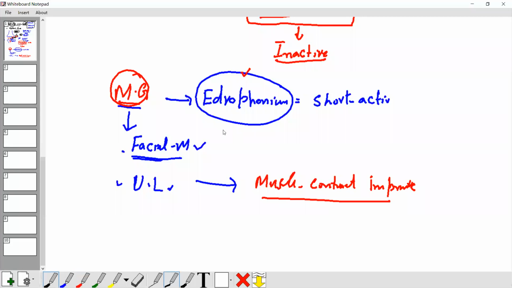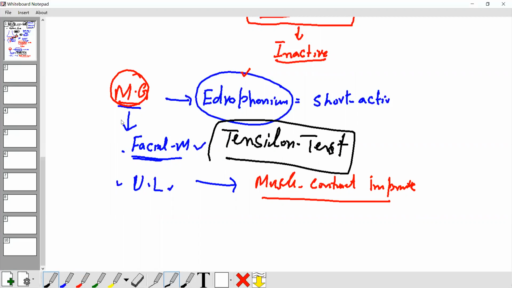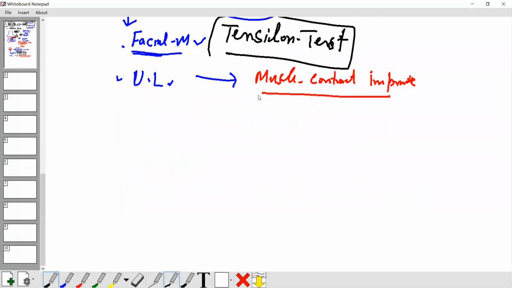The name of this test is the Tensilon test, used to diagnose myasthenia gravis. We use the drug edrophonium, and the patient's muscle contraction improves.